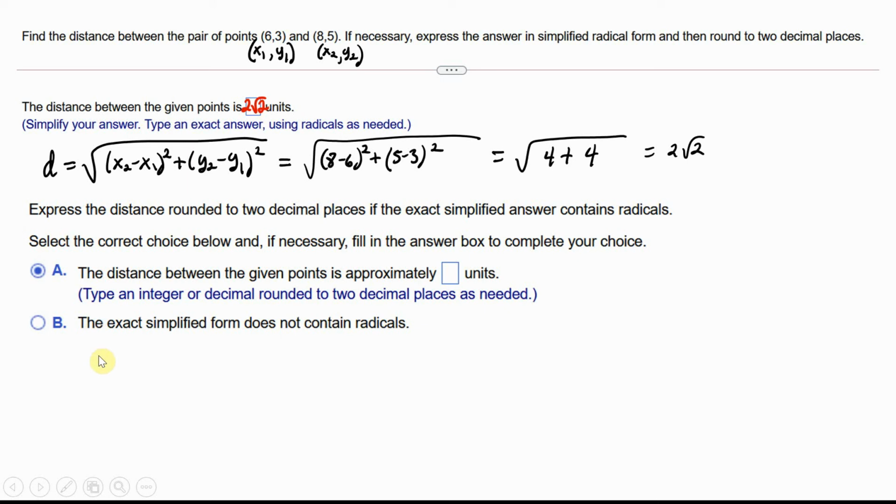Does anybody have a calculator? I didn't bring my phone. If I had my phone, I could compute it on the phone as well.